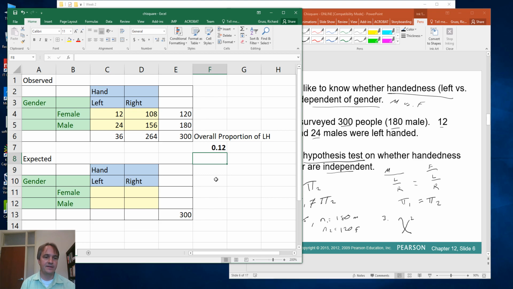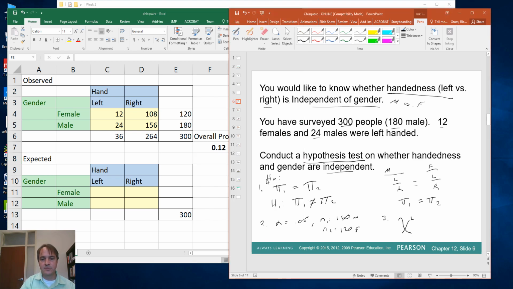If handedness and gender are independent, that would mean 12% of females would be left-handed and 12% of males would be left-handed. That's what this P is here. So these proportions would both be 12 out of 100 or 36 out of 300.